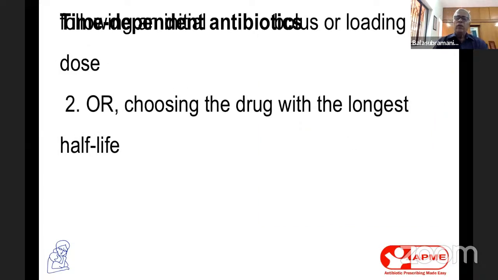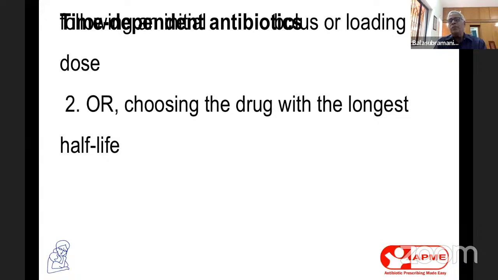And when you choose a drug with a short half-life, you always have a problem of maintaining the serum levels and topping up. It's almost like somebody who wants to have a kick with whiskey. He has to have a peg almost every hour to maintain his alcohol level. It's something like that.